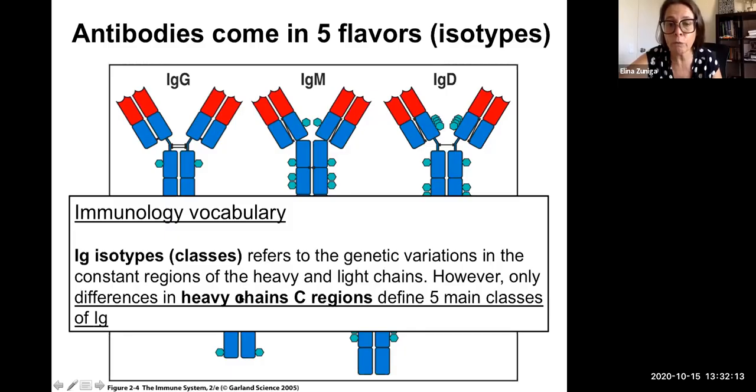So what is relevant for the isotype is the constant region of the heavy chain. Okay? Is that clear? I could say it again. I think we said it before too.